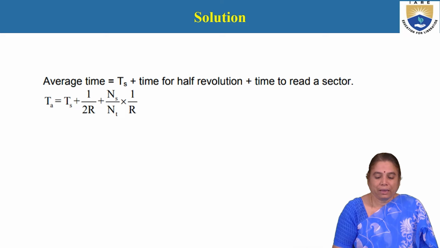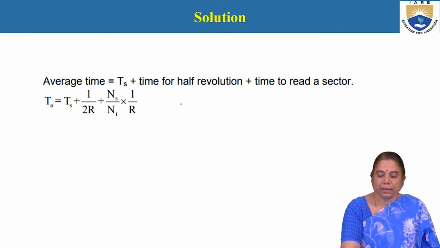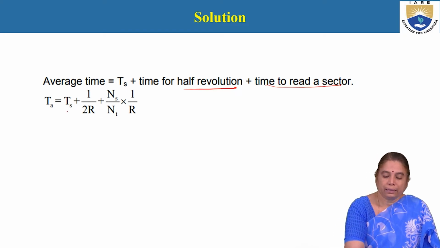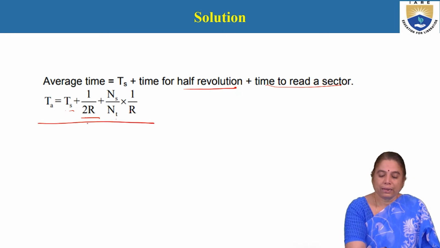The average time is equal to Ts plus the time for half a revolution plus the time to read a sector. So T = Ts + 1/(2R) + (Ns/Nt) × (1/R), where R is the revolution speed. This is the average time.